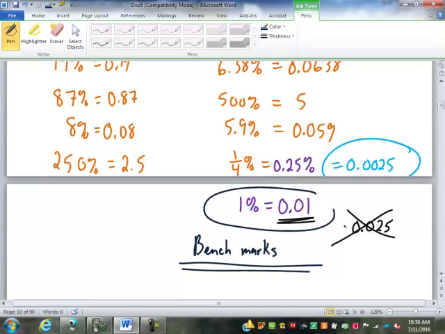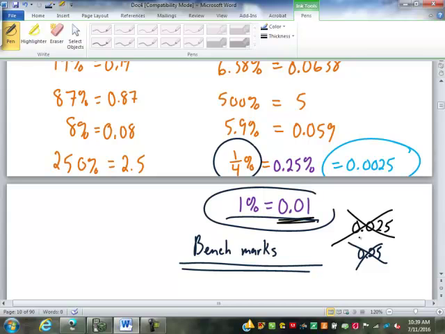That doesn't mean I keep my benchmarks correctly, but I keep benchmarks in my head. And this is an example that we know 1% is 0.01. 1/4 being smaller than 1 has to be smaller than 0.01 as a decimal. So if I get 0.025 or even 0.25, which is the common one that's given, I know those can't be true because they're bigger than 0.01.